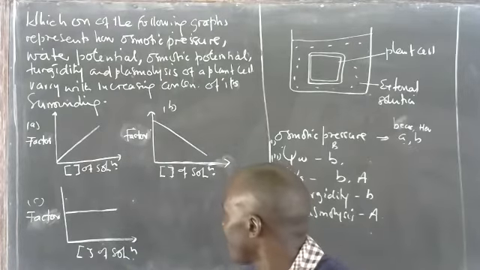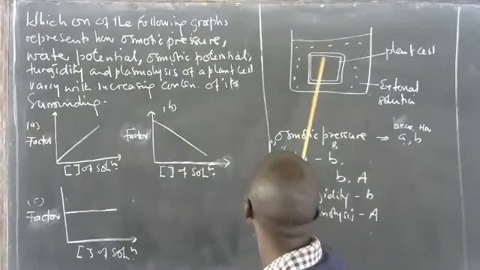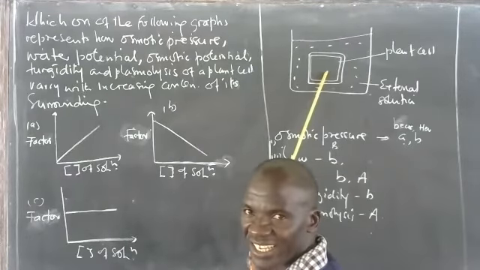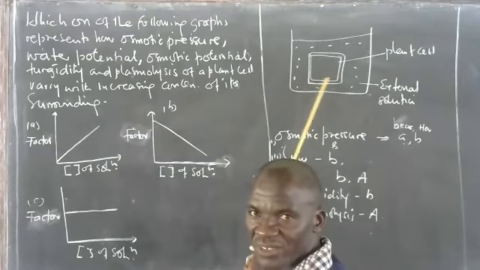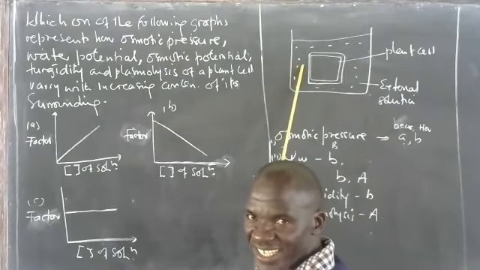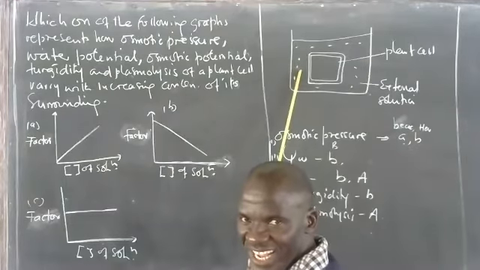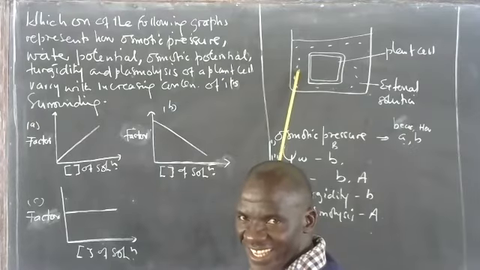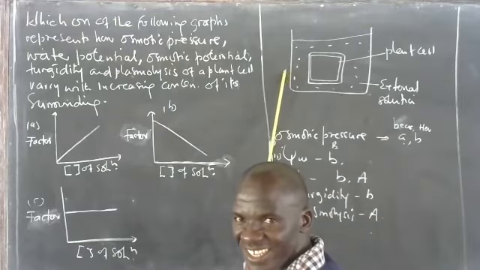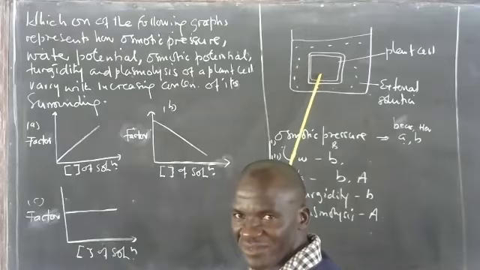But here, if you check properly, this cell is placed in a solution whose concentration keeps on increasing by adding some solutes. Now, as I add solutes here, the surrounding solution is increasing, it will affect the concentration of the solution.